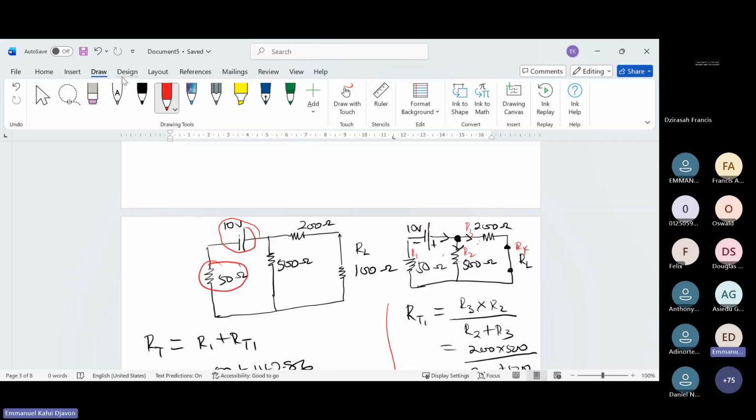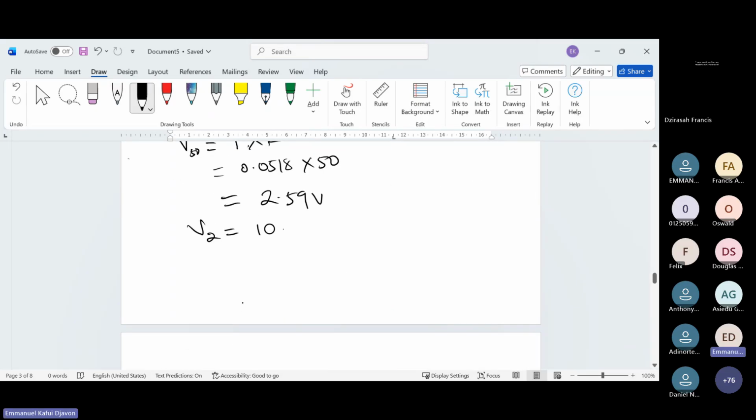We will now know the rest of the voltage, which is in the remaining circuit. So now we have this minus 2.59. That will give me 7.41 volts.